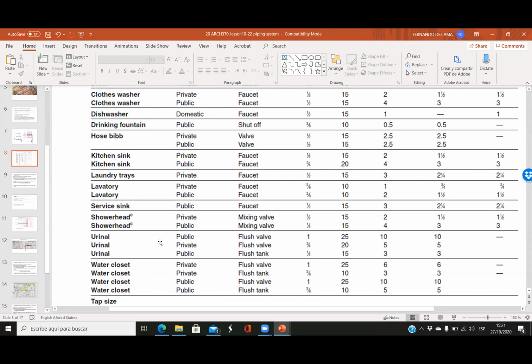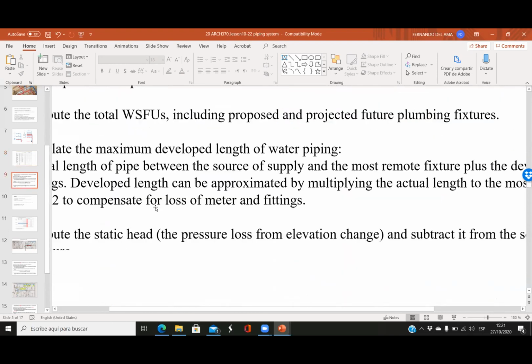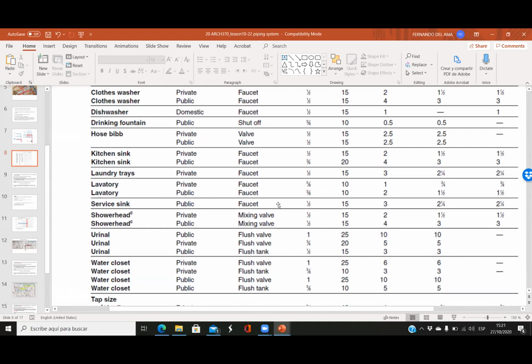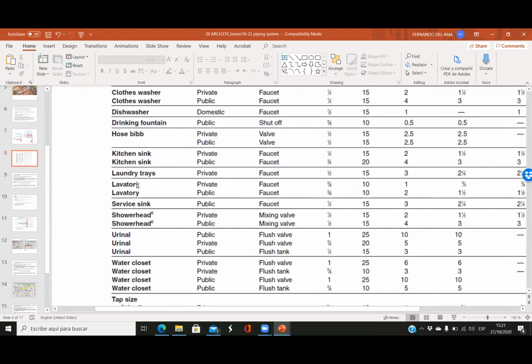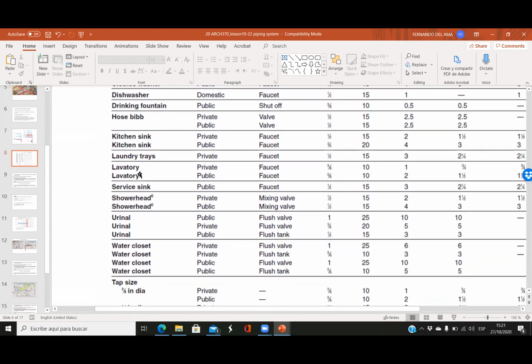Okay, and then we have the sinks. Where is it? Lavatory. This is lavatory. We have a dishwasher, bathtubs. We can use either the lavatory or the service sink. I don't mind.